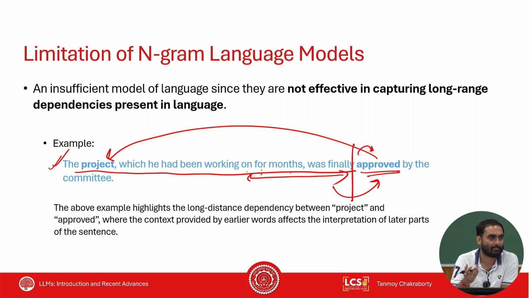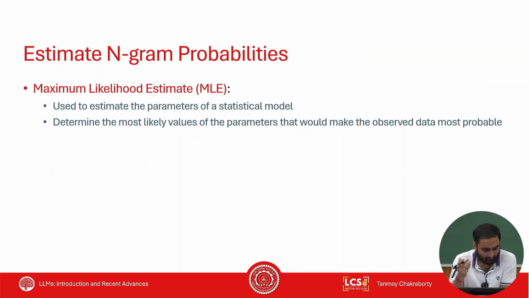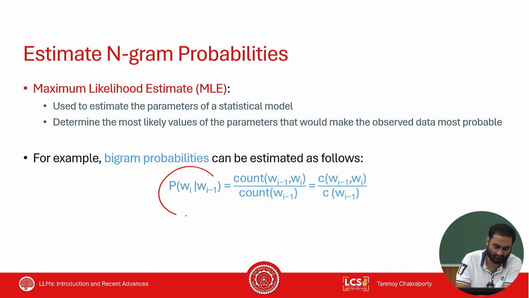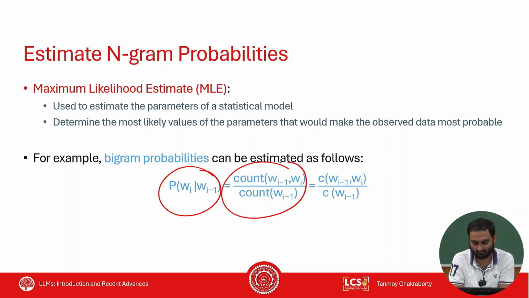Any query? Okay, so we already have seen how to estimate these conditional probabilities. We use maximum likelihood estimate, MLE, which is the best possible probability estimate that you can think of, given a particular document.